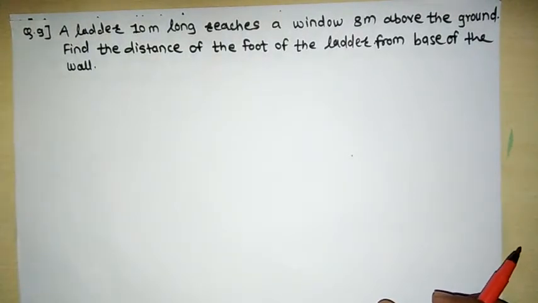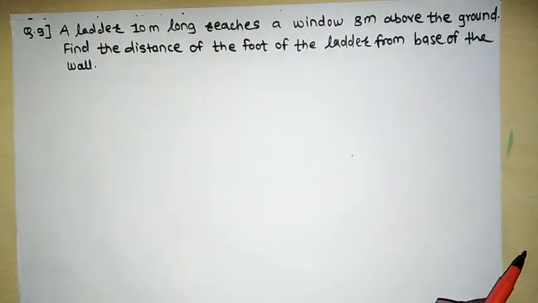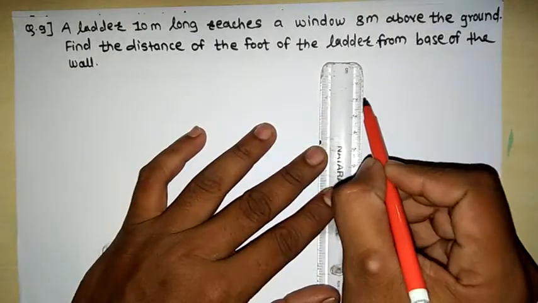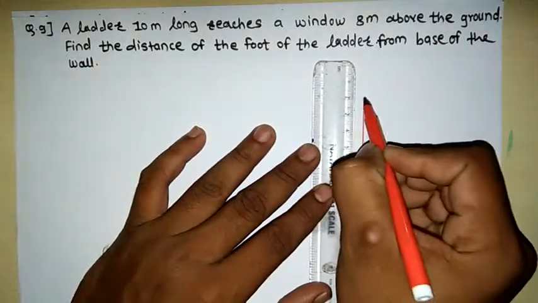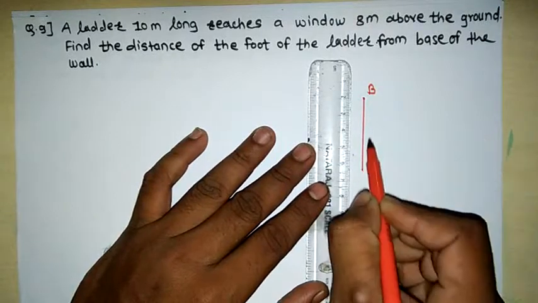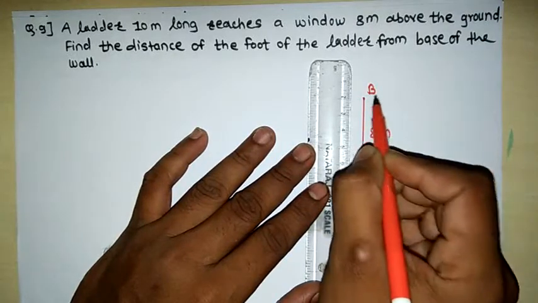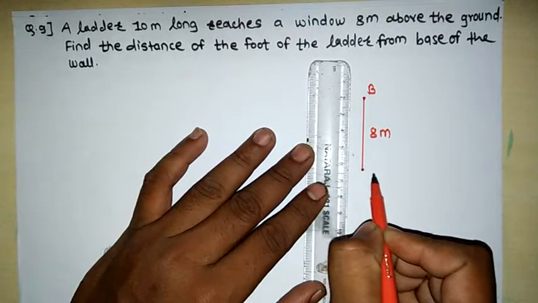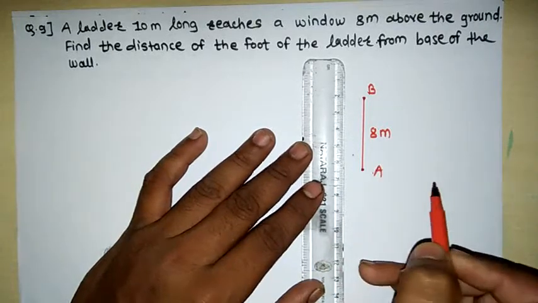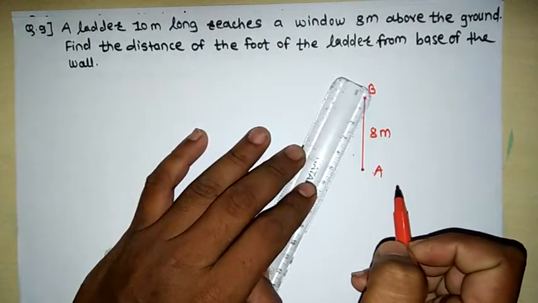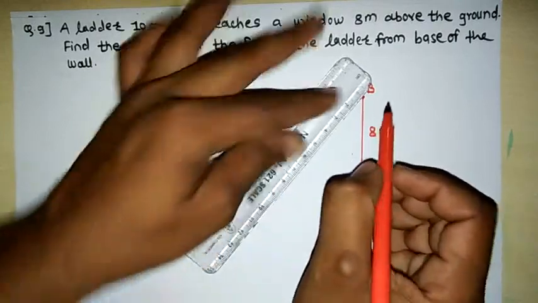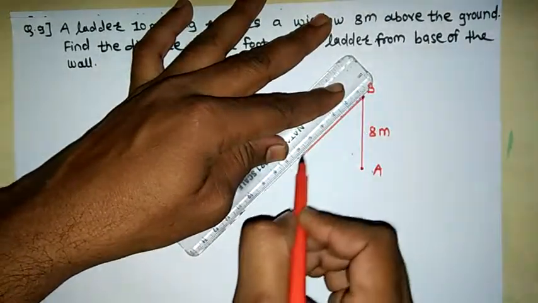Let us see. First we will assume the window which is 8 meter above the ground. Suppose the window is at point B, which is 8 meter above the ground, and this ground point I will assume as A, and a ladder of 10 meter long, I will assume BC as a ladder.